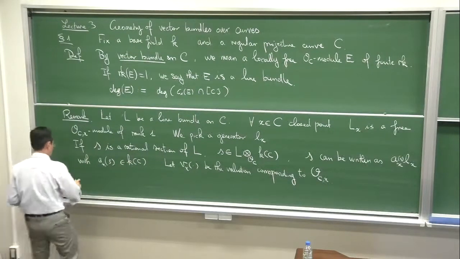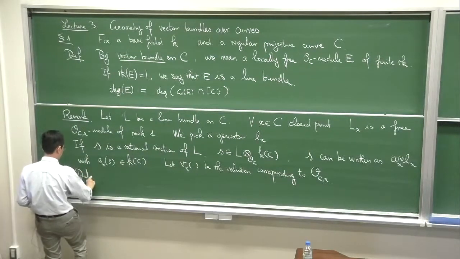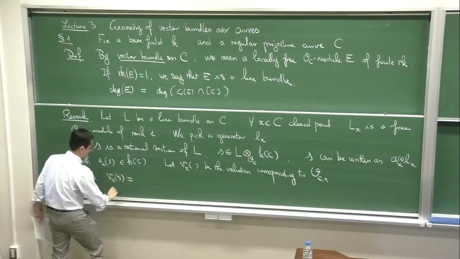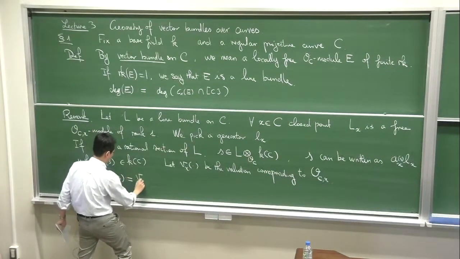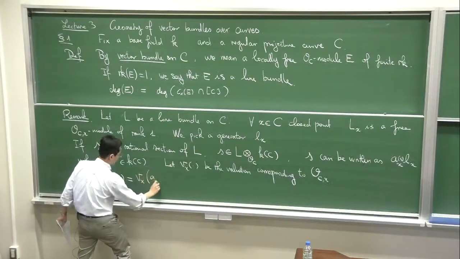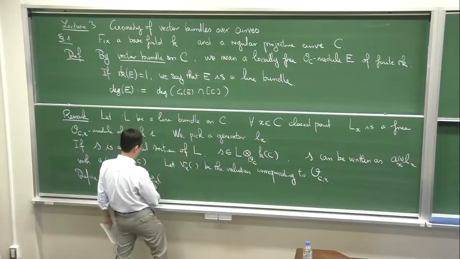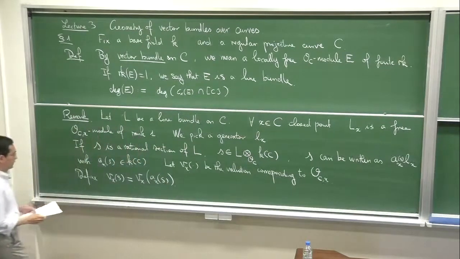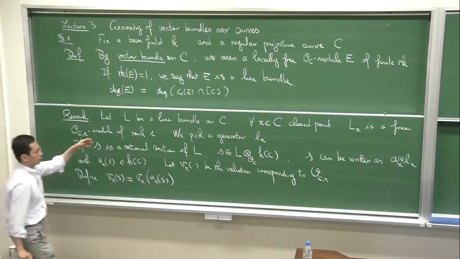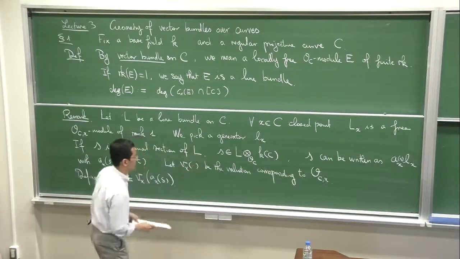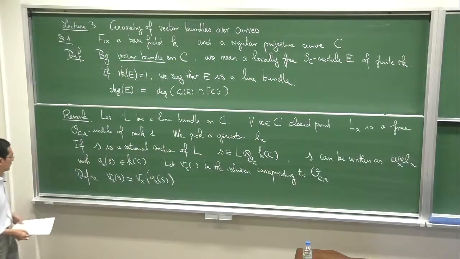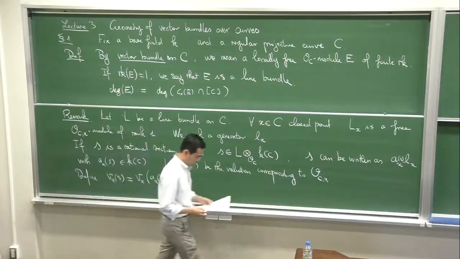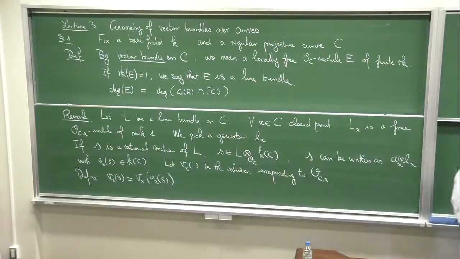And then we define v_x(s) just as the valuation of this rational function, v_x(a_x(s)). If you change the generator, you just multiply a_x(s) by some unit in the valuation ring, so it does not change the valuation of s.